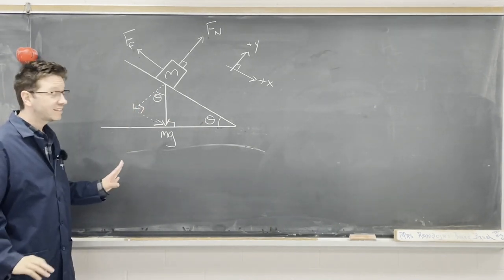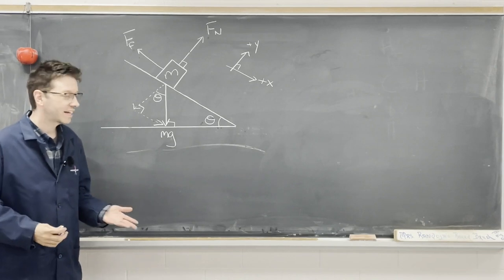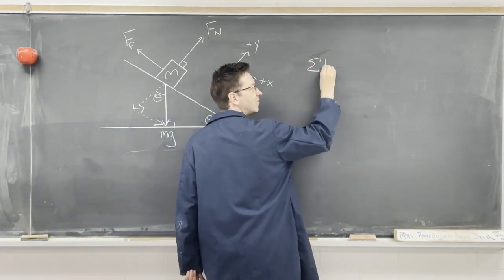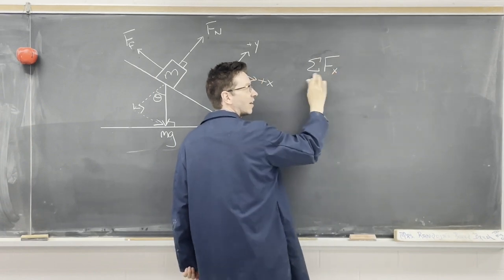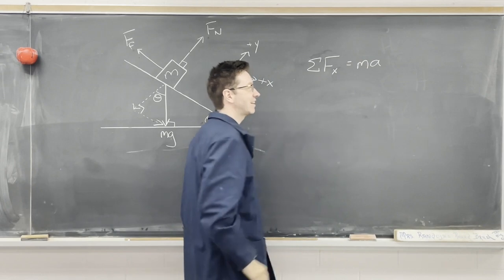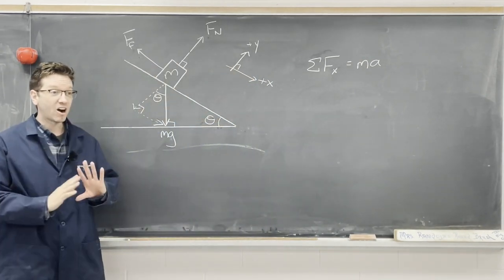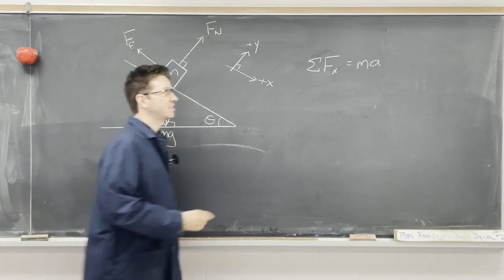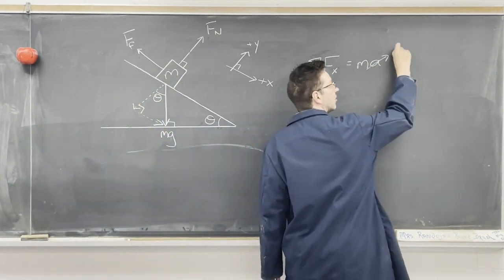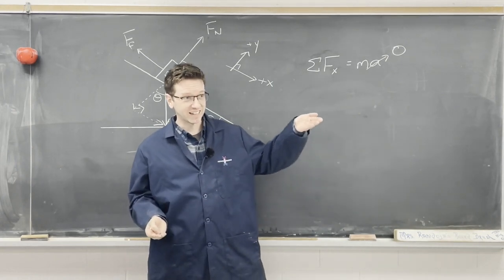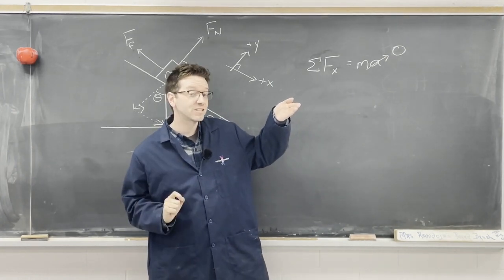Now we can analyze the forces with Newton's second law. Let's start with our x direction. The sum of all forces in x, or F net in x, is equal to mass times acceleration. For our scenario, we are going to set acceleration equal to 0, because experimentally we're going to lift the incline until just before it starts to move.